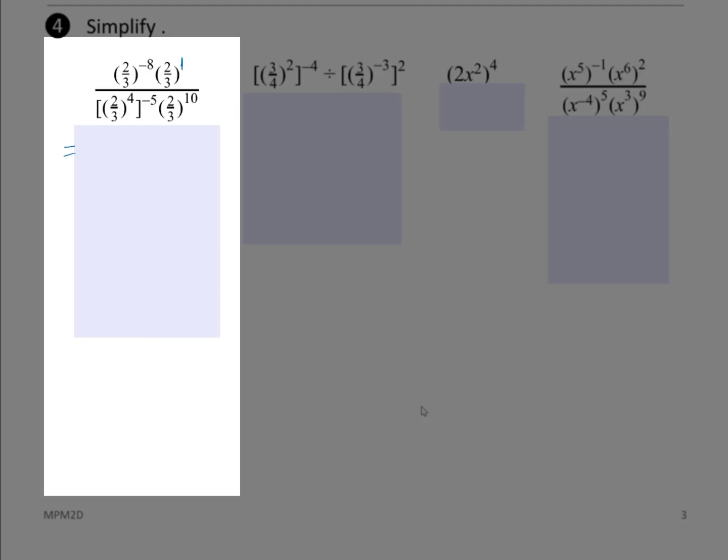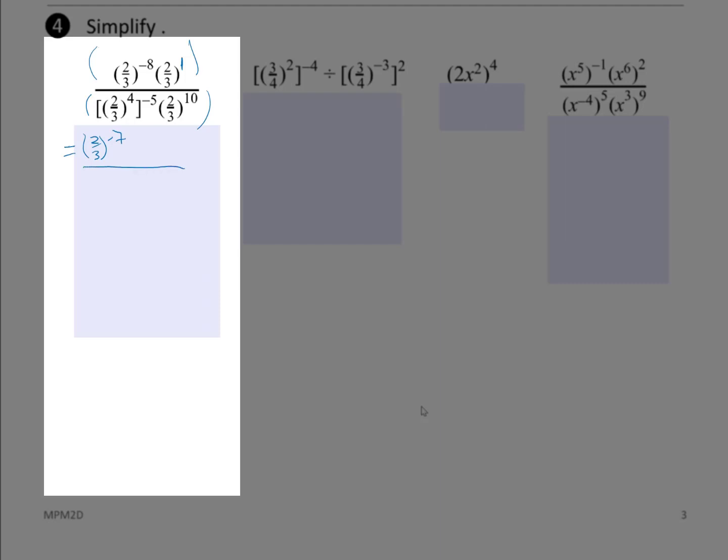We're going to deal with the numerator first, then the denominator. So let's just talk about the numerator right now. We have basically a to the power of negative 8 times a to the power of 1. So we're going to add the powers together. You have 2 over 3 to the power of negative 7. Because negative 8 plus 1 gives you negative 7.